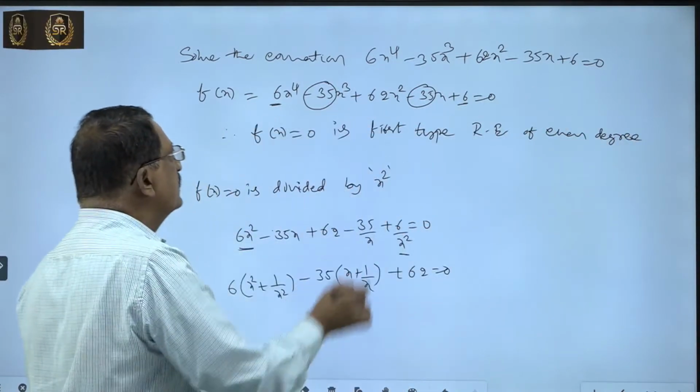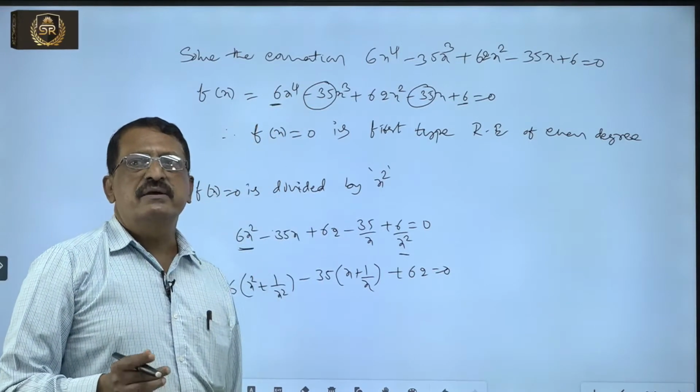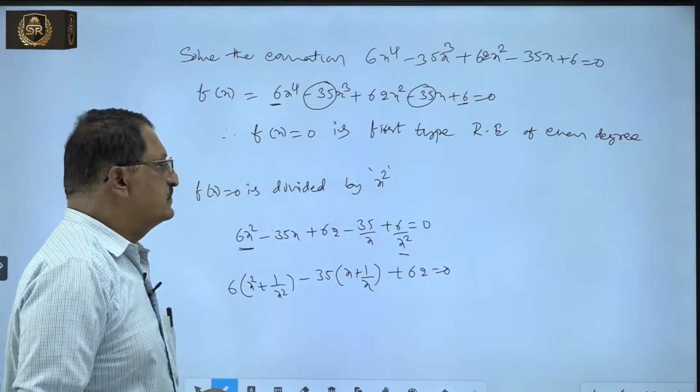Now, here it is 4th degree, meaning 2k equals 4, k equals 2, so the complete f of x equals 0 is divided by x square.